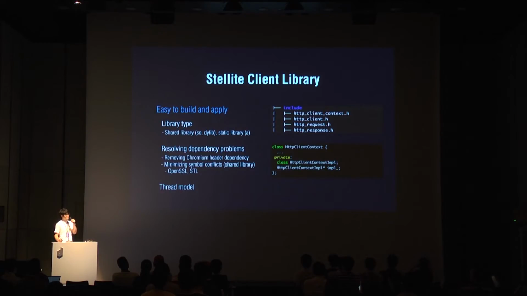Second, we made a shared library to minimize symbol conflicts in the OpenSSL and STL libraries. The OpenSSL library had a symbol conflict with BoringSSL, and the STL library had a symbol conflict among the GNU STL, STLport and LLVM STL. We also included the thread model so that users don't have to make one by themselves.